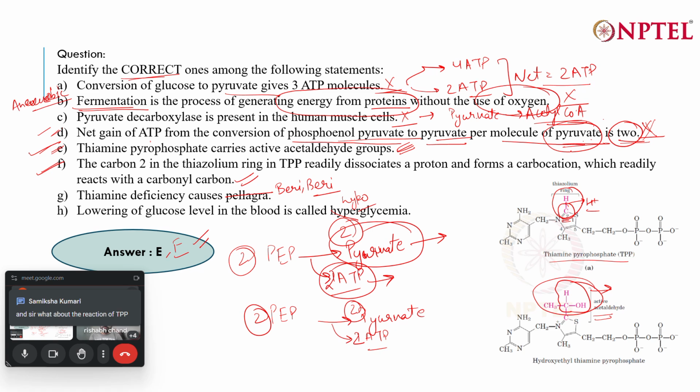Mm, the reaction of TPP. Option F, you are saying. Yes, F option is correct because in the case, yeah, there is a misprint in the answer. So F option is correct. Okay. So in this case, what happens? The carbon 2 releases this H plus and it forms a carbocation. So this carbocation is actually an active form.